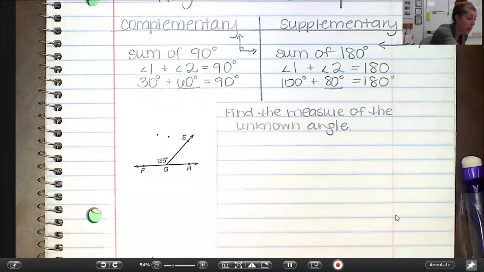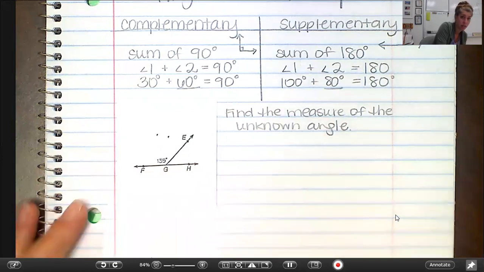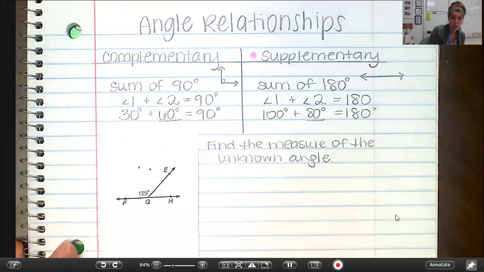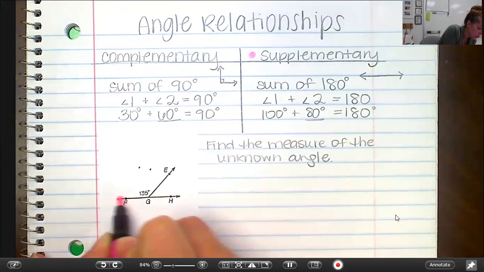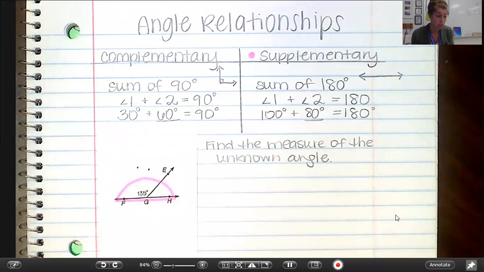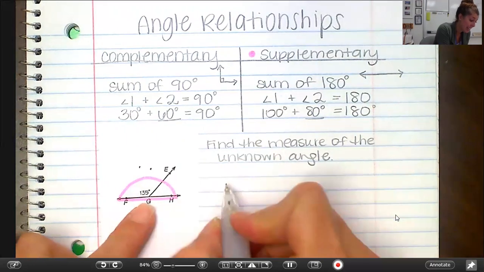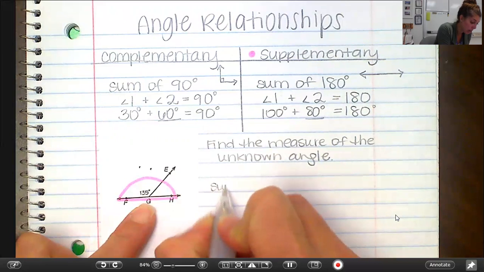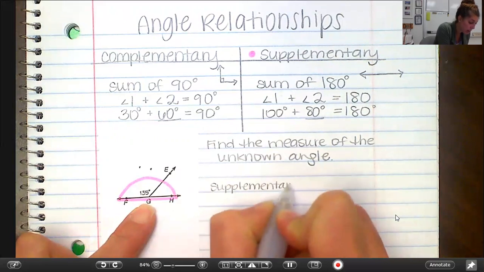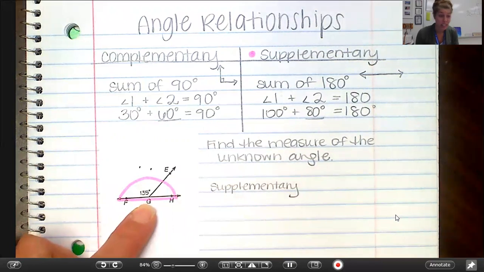I see that my two angles, and I'm going to go ahead and color code here, supplementary angles are going to be pink for me. Okay, I see that straight line, and I've got two angles that create the straight line I'm looking for. Instantly, I know that they're supplementary and add to 180 degrees, right?